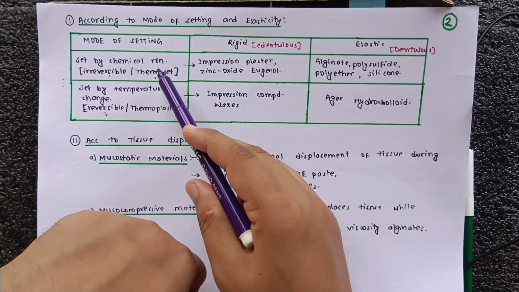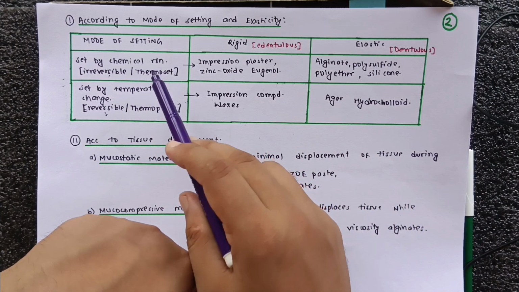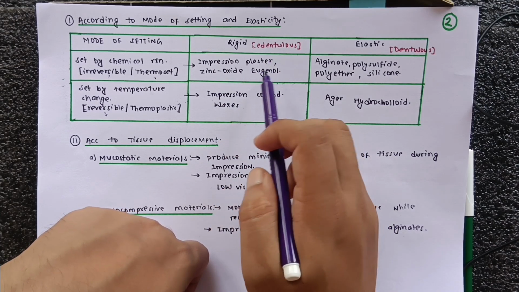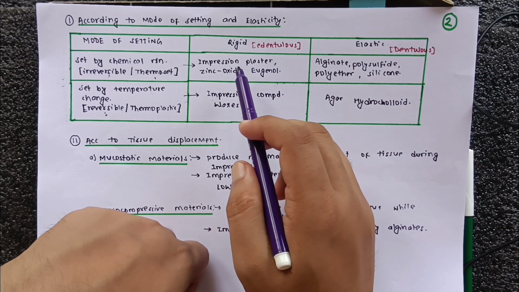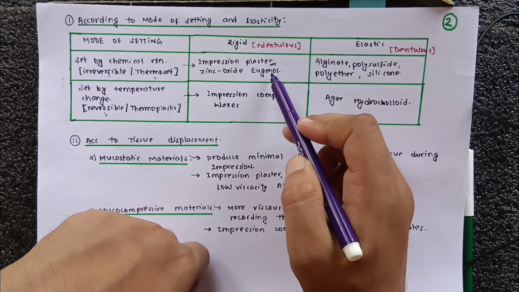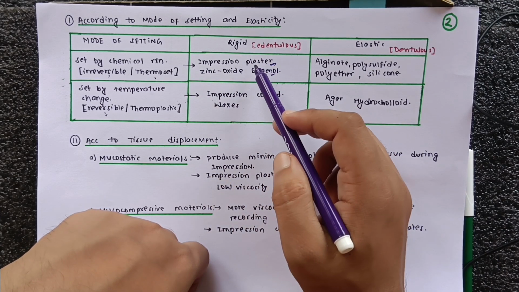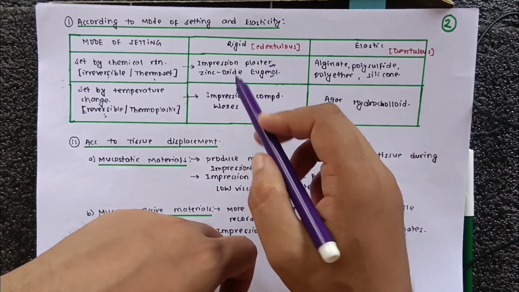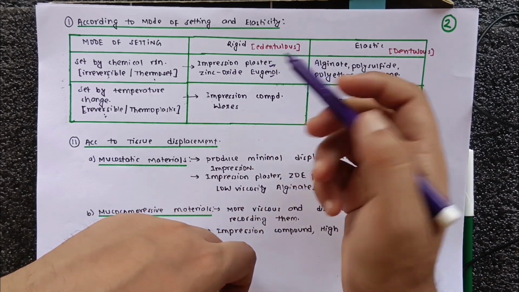In the chemical reaction, irreversible type of impression material, we have impression plaster and zinc oxide eugenol. I will be talking about those substances in my upcoming videos. For now, you just remember impression plaster and zinc oxide eugenol. When you set impression plaster, after setting it won't come back.